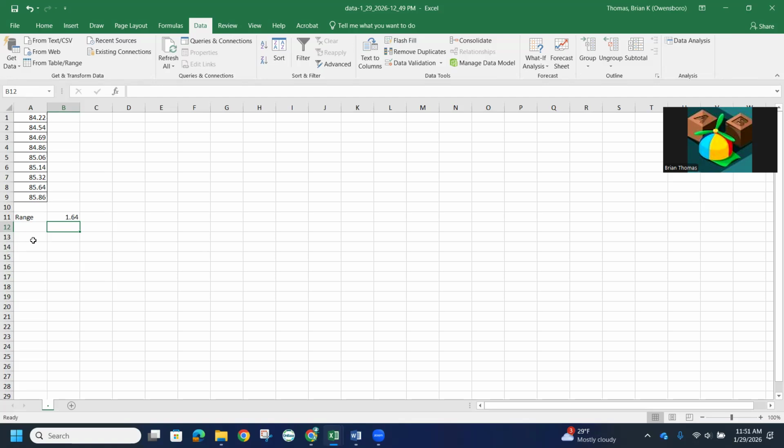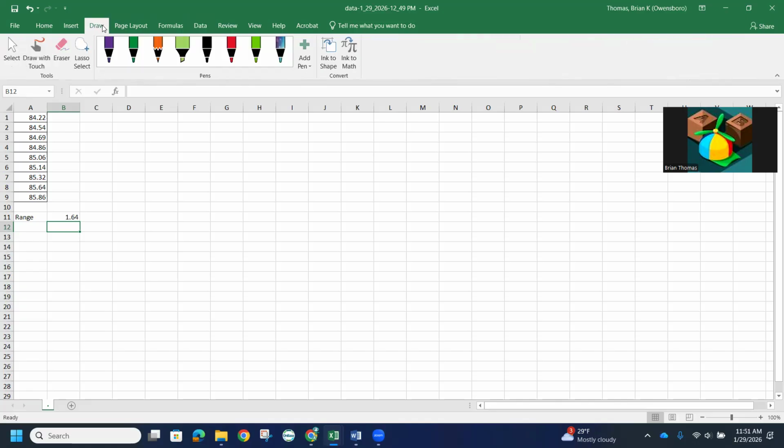So now to find the standard deviation, our formula was, let's see if I can write that. S equals the square root of, and inside here, x minus x bar squared, all divided by the sample size, and you actually have to drop it down by one when you're doing a sample.